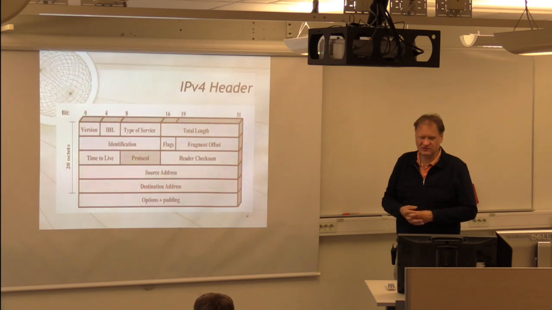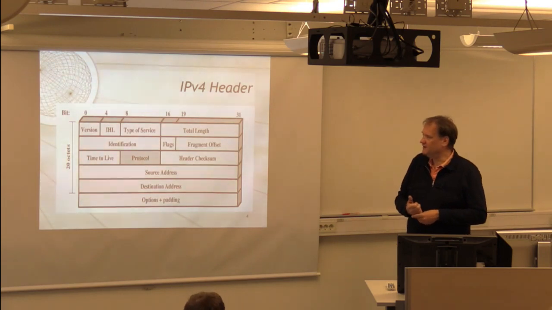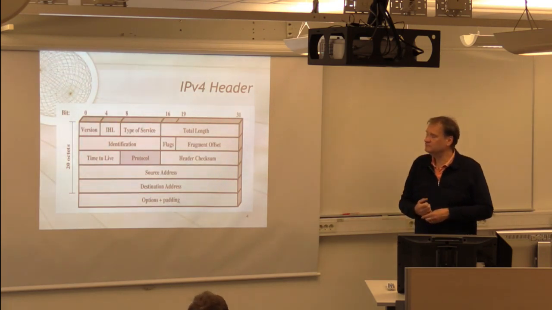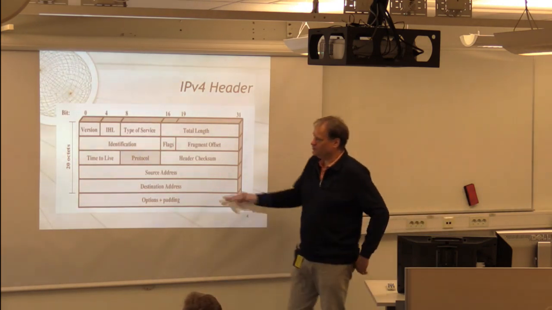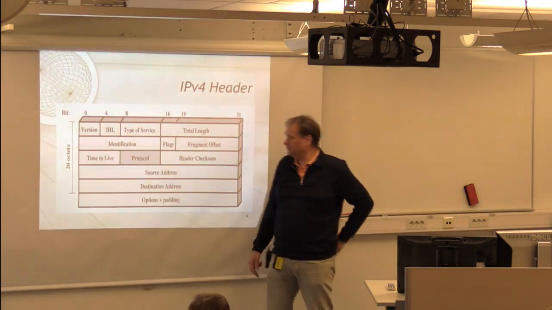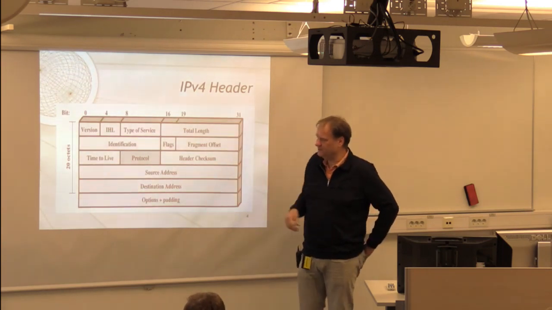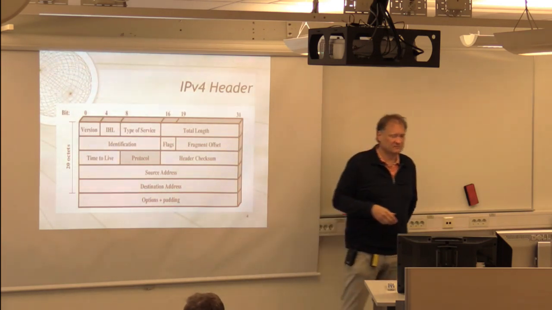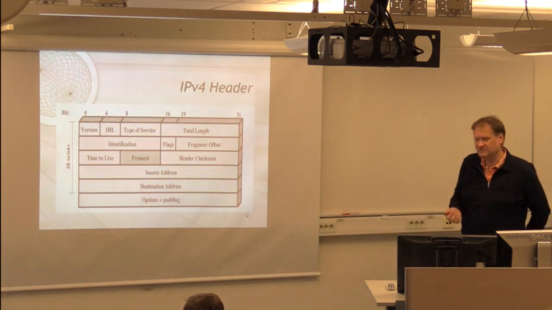The IP protocol, as you know, we have two currently used versions of it, IP version 4 and 6. And this is the header for IP version 4. And what do we have here? Well, we have the version number that tells us this is version 4. We have a number of different headers here, which makes the IP4 header quite big.